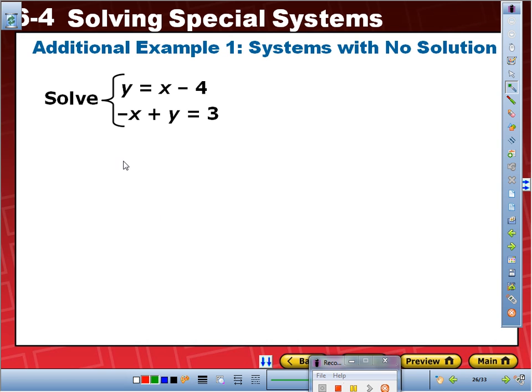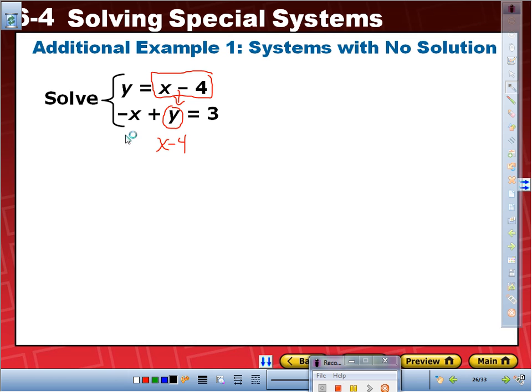This one's already solved for y. So we can use substitution to substitute in here instead of y. What are we going to write? x minus 4. I bring everything else down: the negative x, the plus, the equal, and the 3.